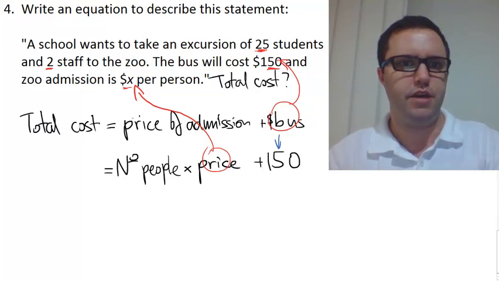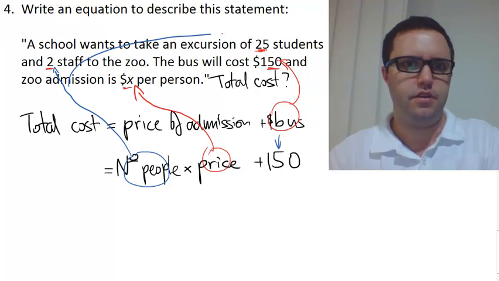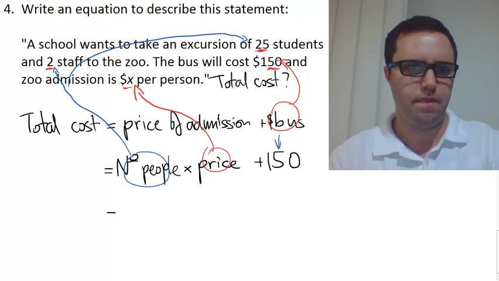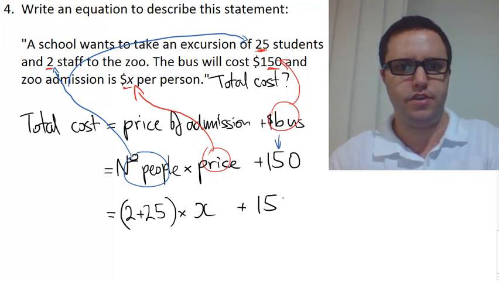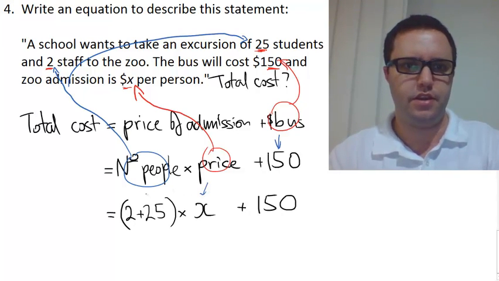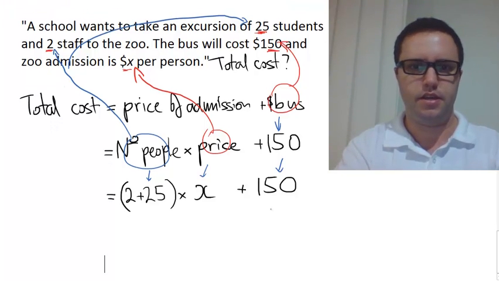And our number of people is 2 staff and 25 students. So the number of people is 2 plus 25, times the price is x dollars, plus 150. As you can see, this came straight down to there, that came straight down to here, this just keeps going straight down that way.